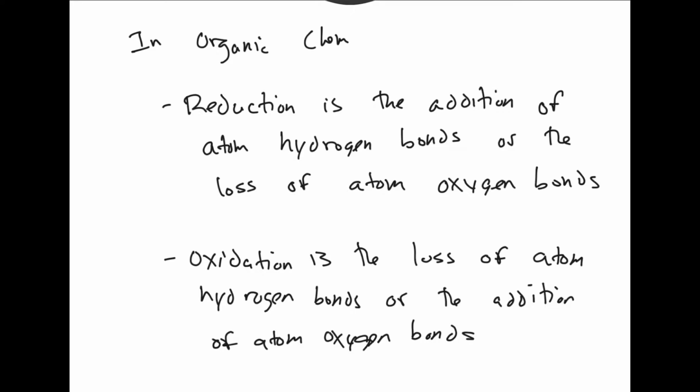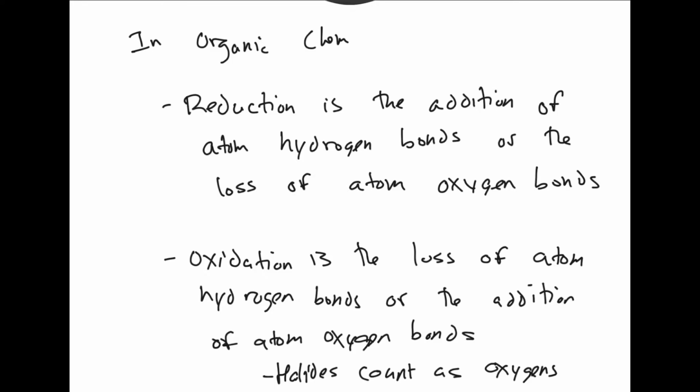For both of these, I'm going to point out that halides count as oxygens. So I can replace oxygen with halide, right? So oxidation is adding more atom halogen bonds. Reduction is removing atom halogen bonds. So halogens and oxygens kind of work interchangeably here.